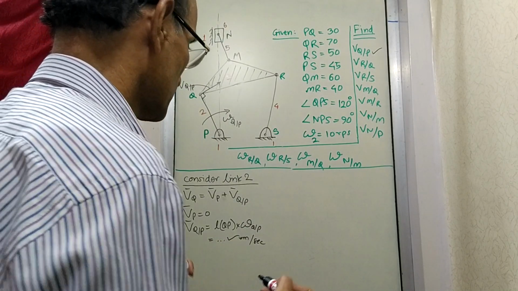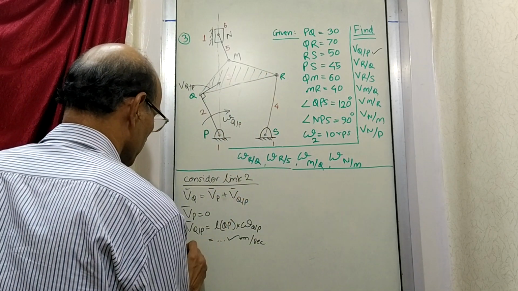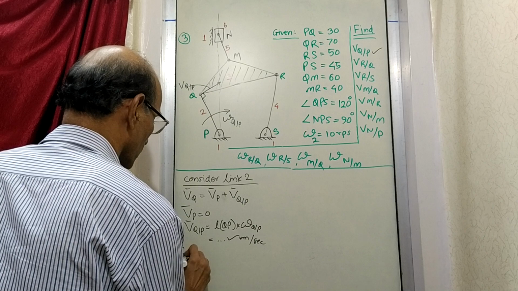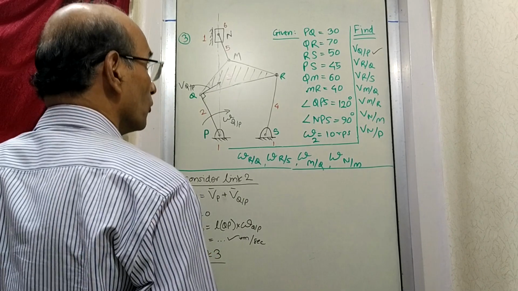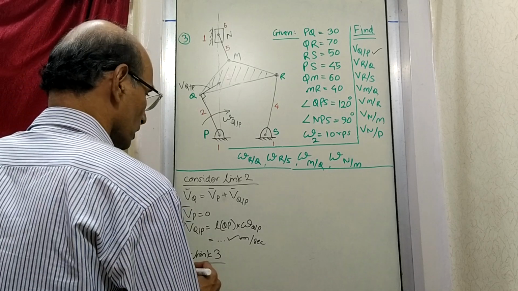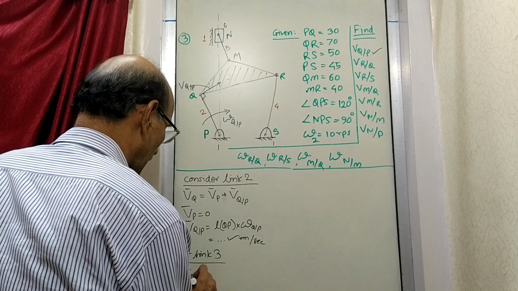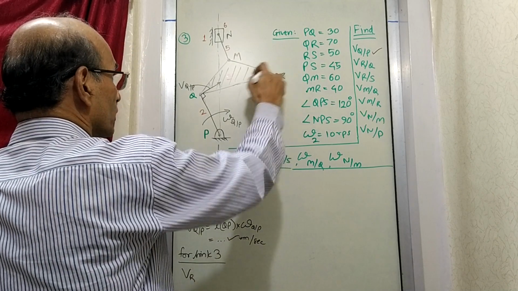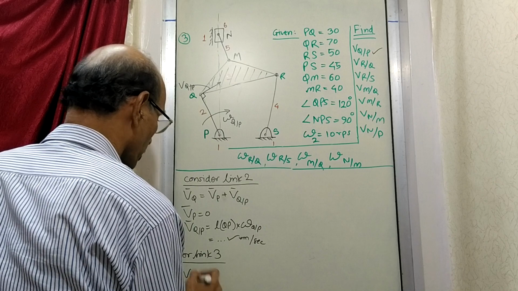Now let us go to the next link, that is link 3. For link number 3, we write velocity of R, any point on the link, equal to velocity of a known point, velocity of Q, because we have found it just now.